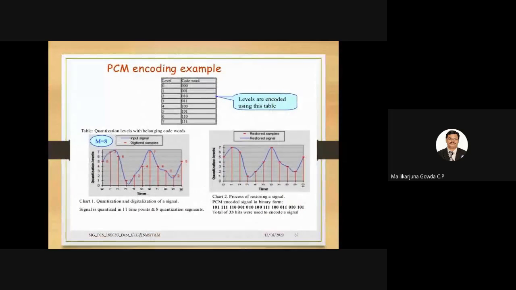Yes, in addition to that, one more example where you can understand the PCM encoding process, right? Have a look, try to read by yourself, understand. So here 8 levels, I already said what is its equivalent binary number, right?